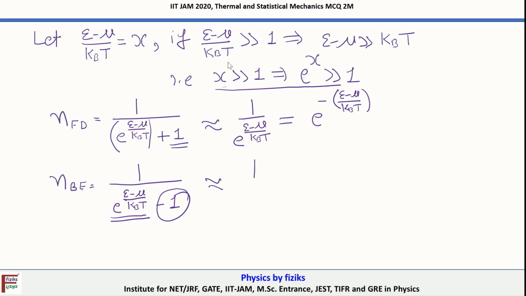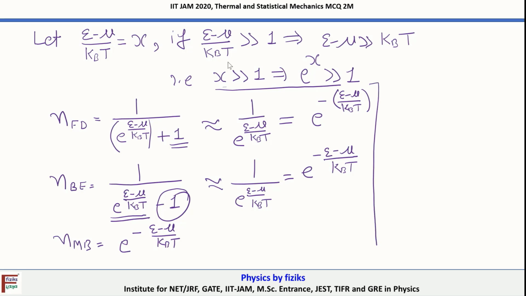This is further equal to 1 upon exponential (E minus mu upon k_B T), which is equal to exponential of minus (E minus mu upon k_B T). And if you recall the case when a is equal to 0, we obtain the expression for the Maxwell-Boltzmann distribution, which is nothing but 1 upon exponential (E minus mu by kT), or exponential of minus (E minus mu upon k_B T).